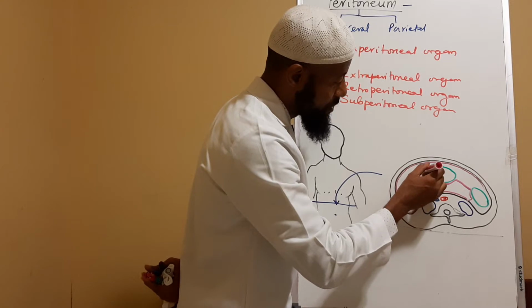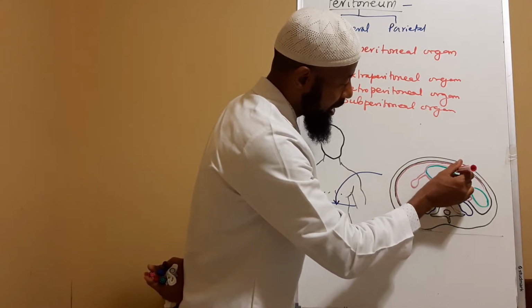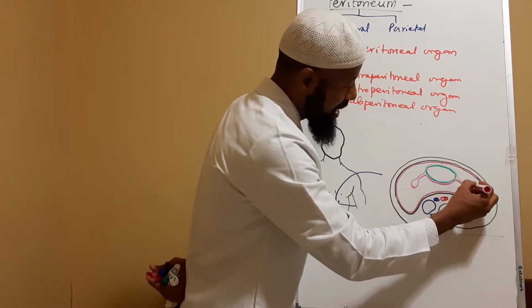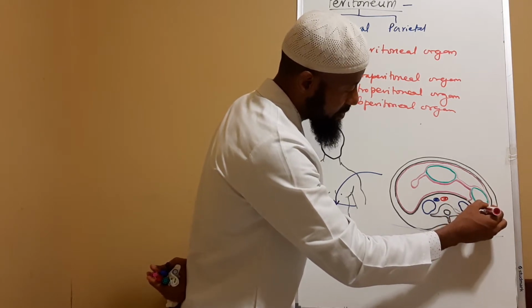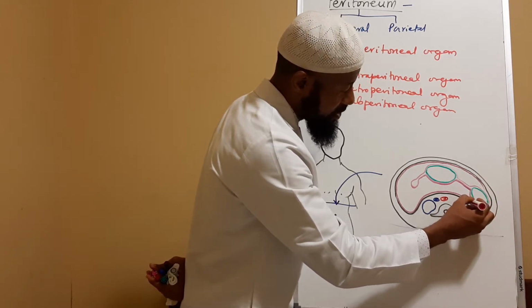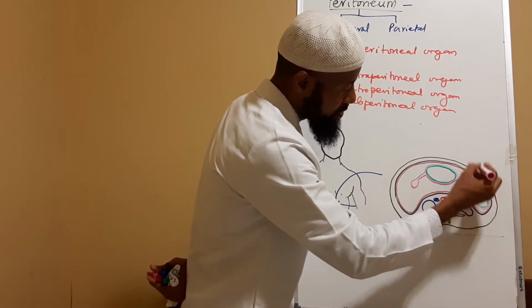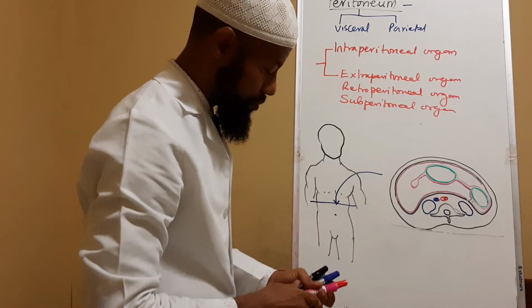And then we have this. So it's also covering completely this organ there. And that's exactly what we have, and that continues all the way backward. So what we have now is very interesting.